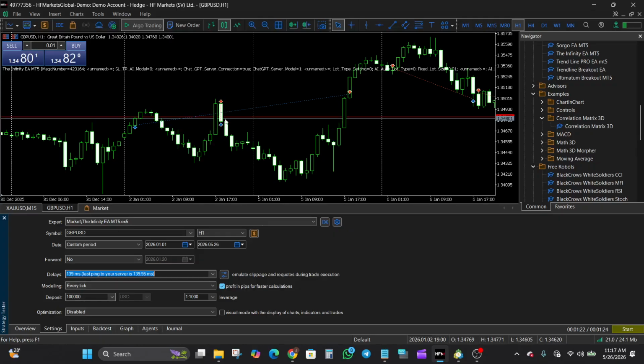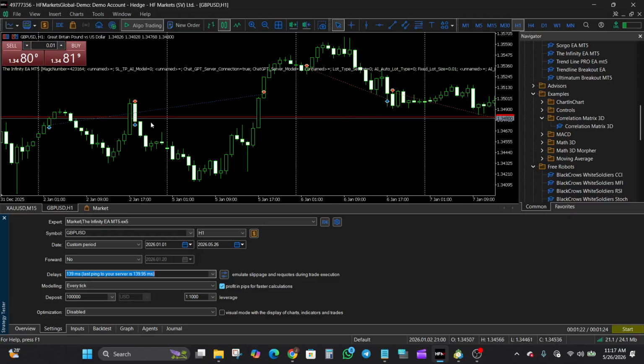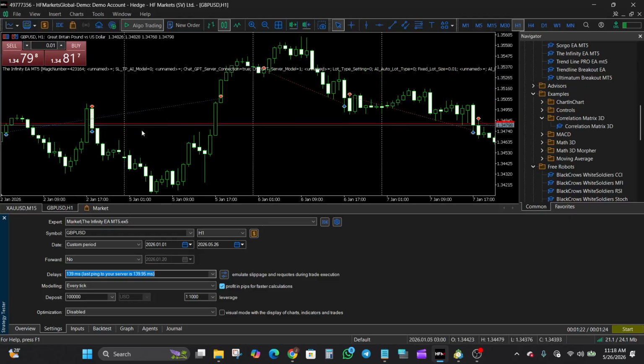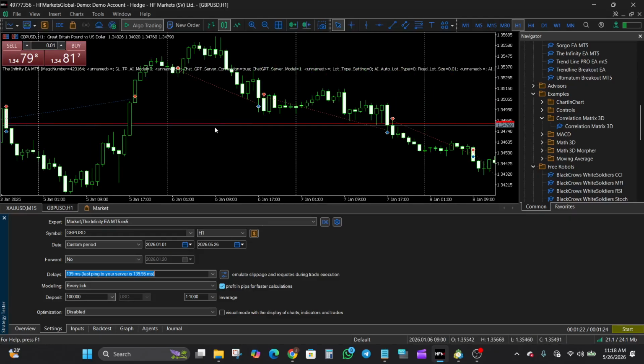This one was executed and closed within the same candle, but this one took quite a number of hours. In fact, over a full day, because it was executed here, just a few hours after this day started, and it was closed a few hours before this next day ended, right? But this one was executed and closed within the same candle. So this EA seems to be targeting short-term price movement, although the length exactly varies.